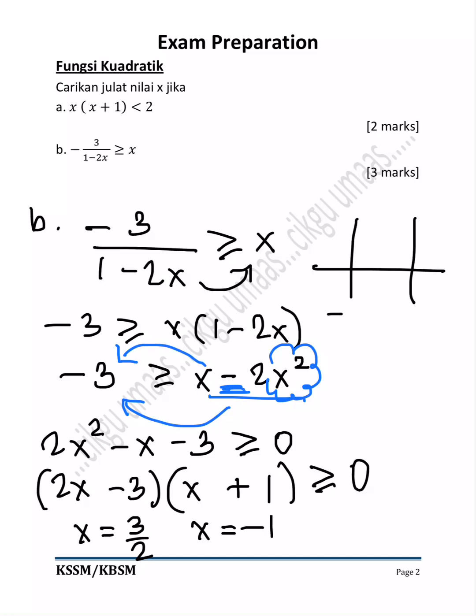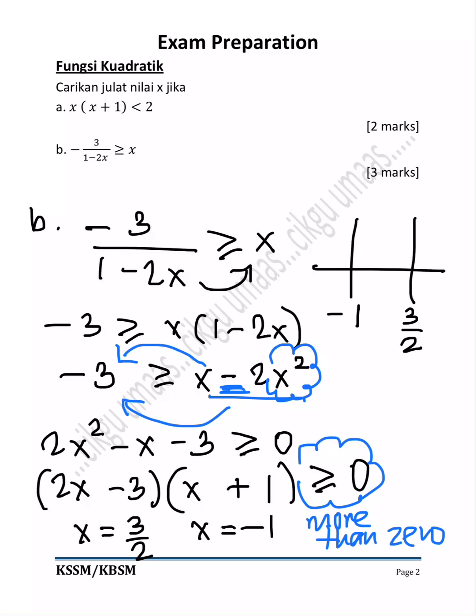Negative 1 is the smaller one, 3 over 2 is the bigger one, and my answer, you can see very clearly compared to the one in A, this is more than 0. If it is more than 0, it will be positive, the sides of this. So how do I write the answer? As I told you, if it is at the sides, one will be x less than or equal to negative 1, comma, x more than or equal to 3 over 2. This is how we get the answer.